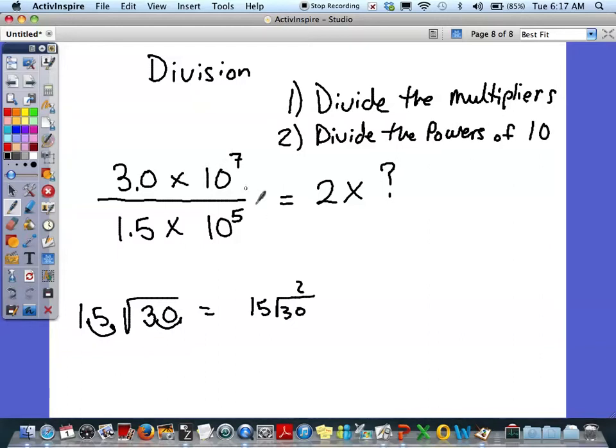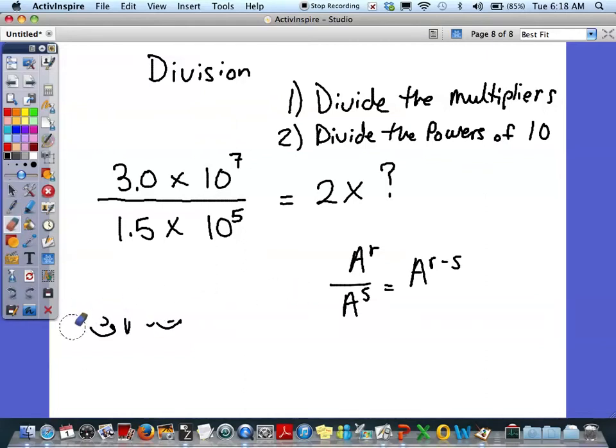Now remember this property: a to the r over a to the s equals a to the r minus s. Let me erase some of this so I can get more room. If you have two powers that have the same base and you're dividing them, you can subtract the exponents. We studied that fairly recently.